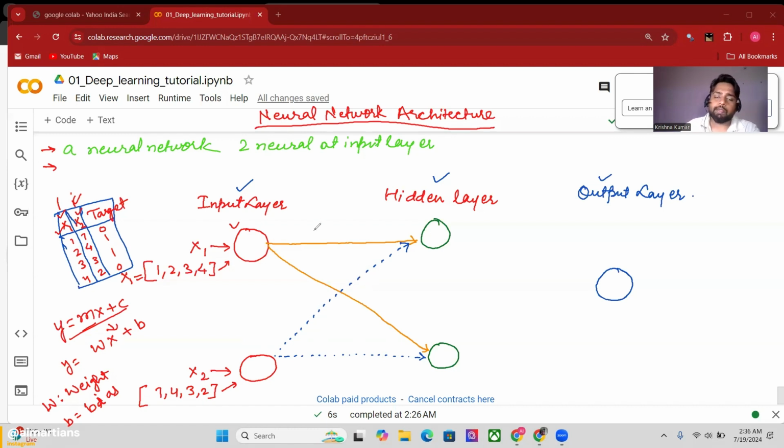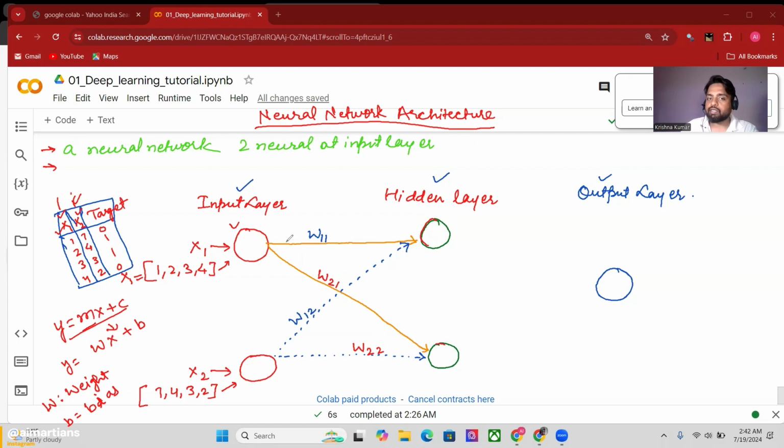So now this is called weight w11, this is w12. Similarly, this is w21, and this is w22. These weights are basically consumed by this neuron and this neuron.